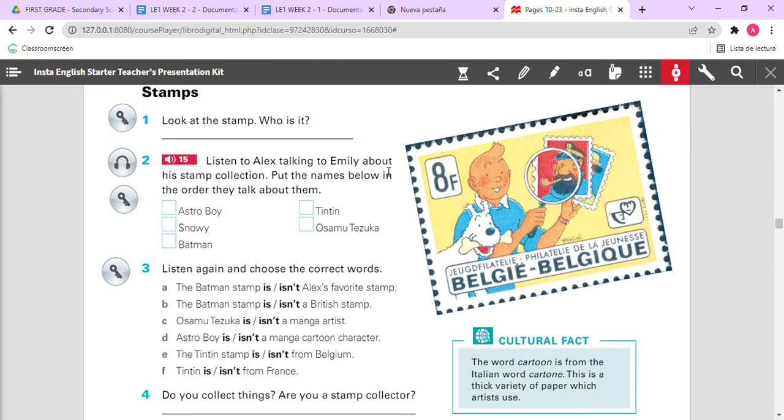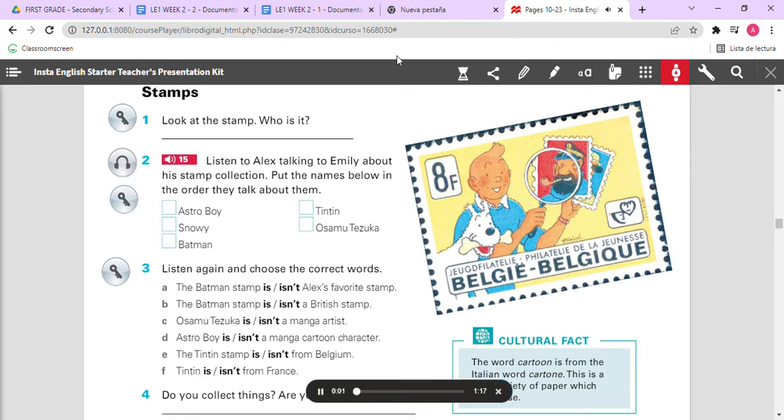The Tintin stamp is or the Tintin stamp isn't from Belgium? And the last one, Tintin is or Tintin isn't from France? So you can play the audio once again and listen. Let's listen to the audio so that you can answer this part.